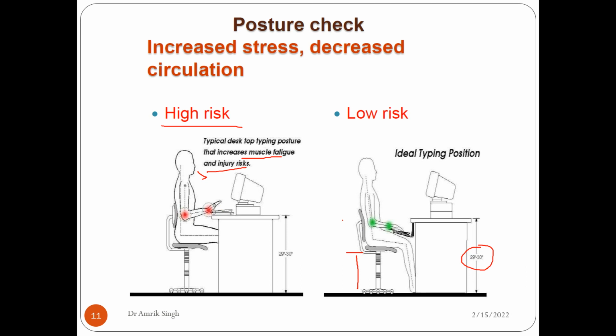Instead, what we have done is a hanging tray has been provided on which the keyboard is placed. There is no increased stress here, this is also relieved, and the visual position is also improved. This is after the study of ergonomics.